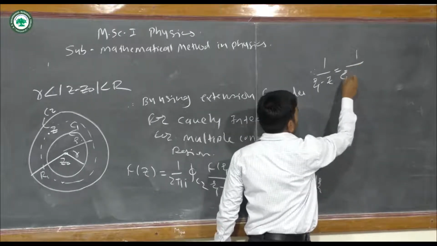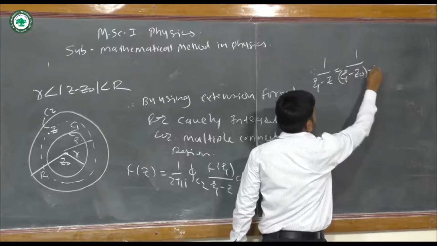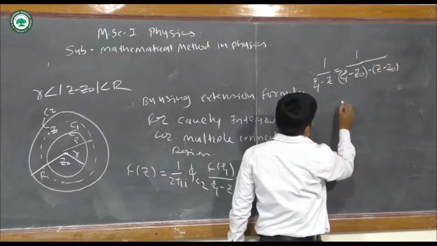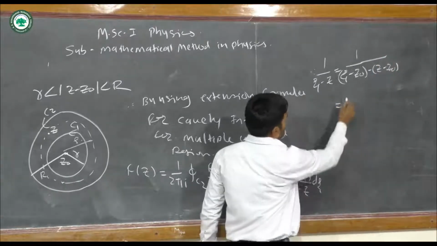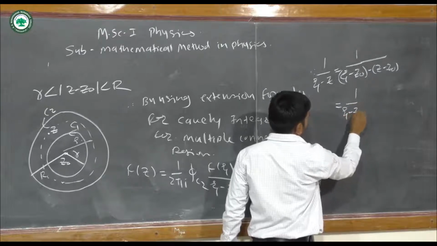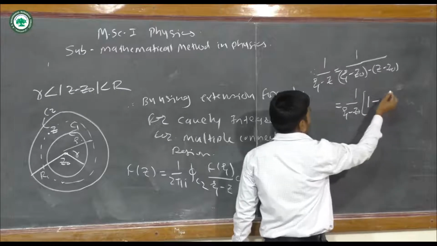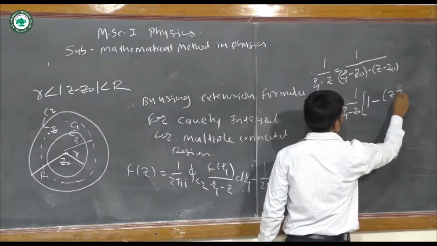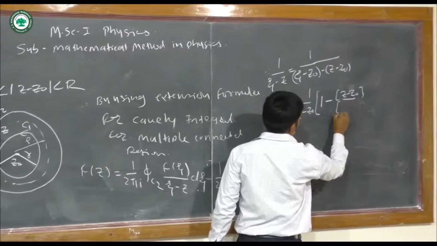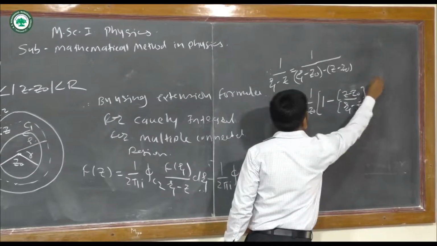So psi minus z naught minus z, and it is equal to, if we take out the common factor, psi minus z naught times 1 minus (z minus z naught) divided by (psi minus z naught), the whole to the power minus 1.